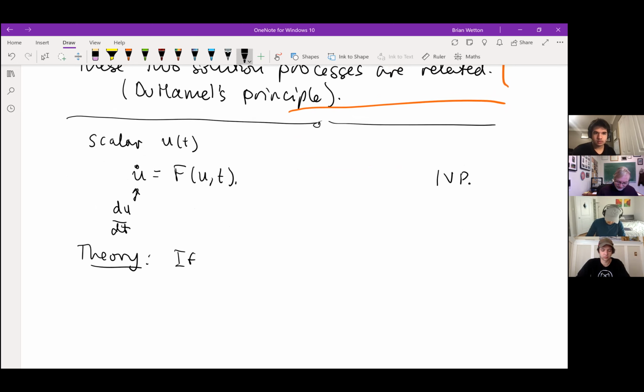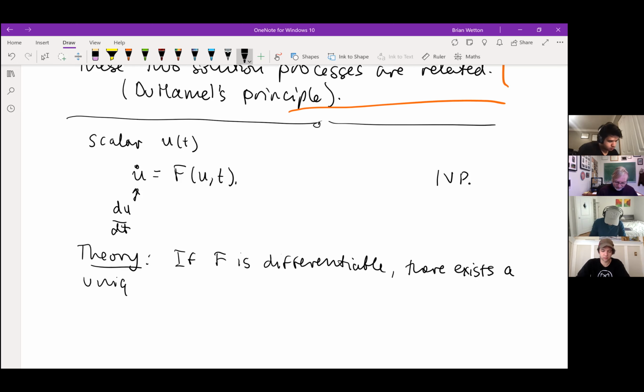If that right-hand side function is differentiable, and you can make this statement for this theorem with weaker conditions on f, but this is a good one, there exists a unique solution in an interval 0 up to some time.